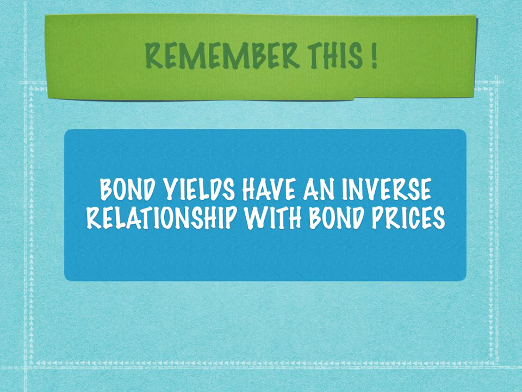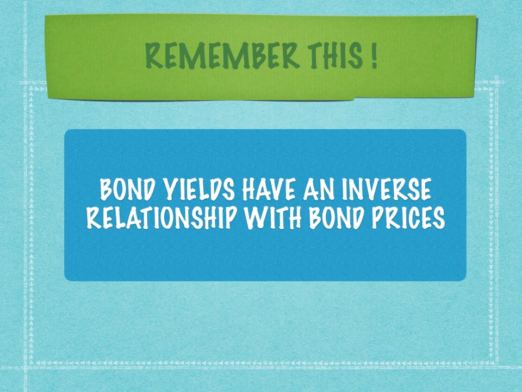This is the most important relationship in bond investing. That is, bond yields have an inverse relationship with bond prices. If bond prices increase, bond yields fall. If bond prices decrease, bond yields increase.